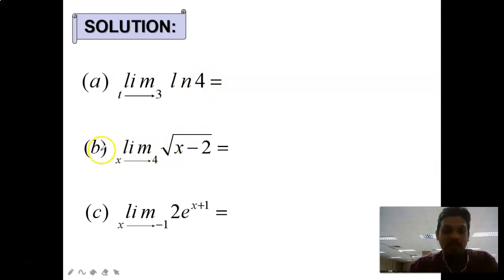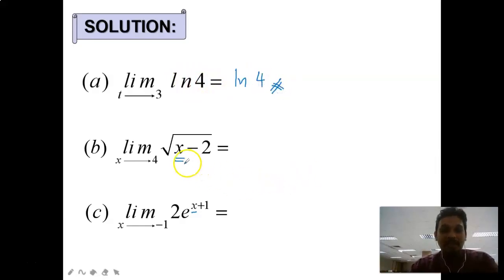Just like in example b, when x approaches 4, there is an unknown of x, and when x approaches -1, there is an unknown of x. But for the first one, there is no unknown t in the function, which is only ln 4. So it is equal to the natural log of 4.